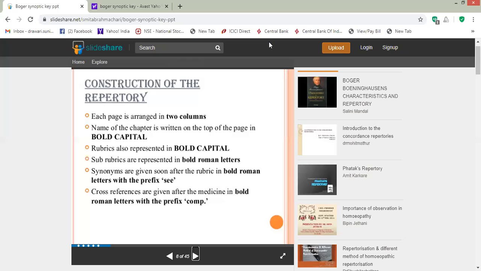Cross references are given after the medicine in bold Roman letters with the prefix COMP. So in this way, the construction of this repertory is, each page is having two columns.